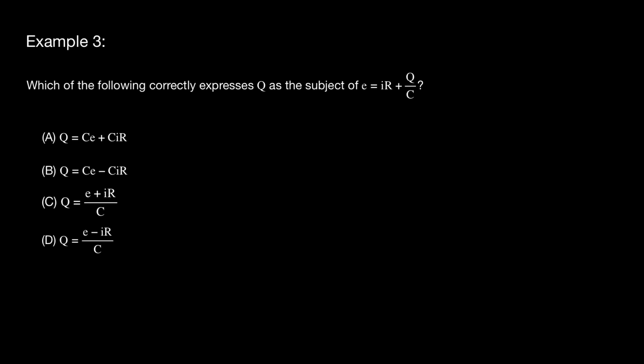Okay, I'm going to rewrite that to start with. E equals IR plus Q over C. So the first thing I'm going to do is try and get rid of the IR. So I'm going to move that to the left hand side. So I'm left with Q over C, and to do that I'm going to subtract IR from both sides.